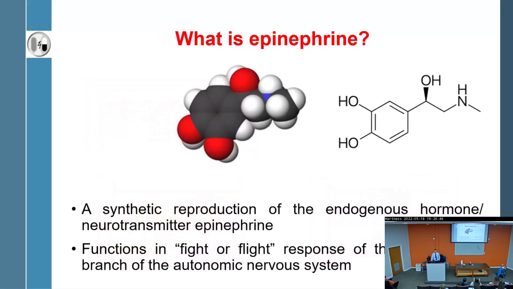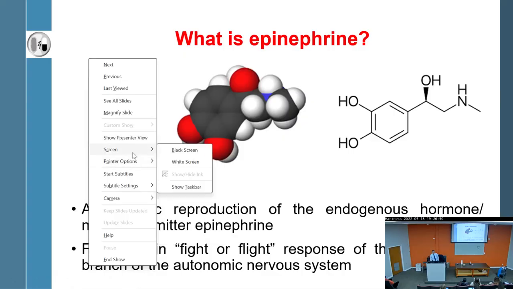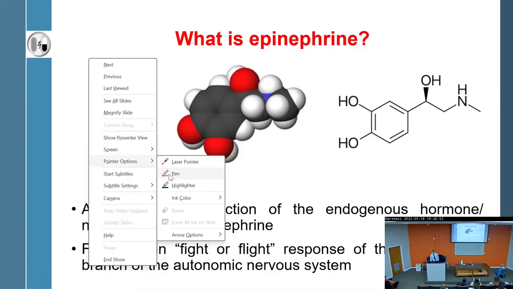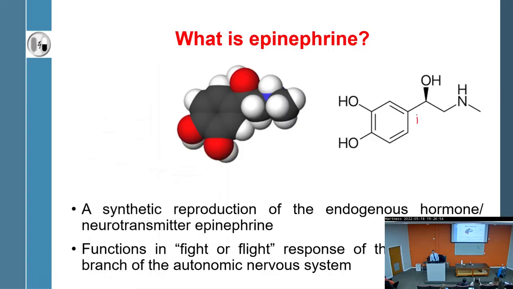Well, that's the structure, okay? And I can tell you something about this. This portion here is a particular chemical group called catechol. Catechol. Okay? So any chemical that has that group is called a catechol. Okay?